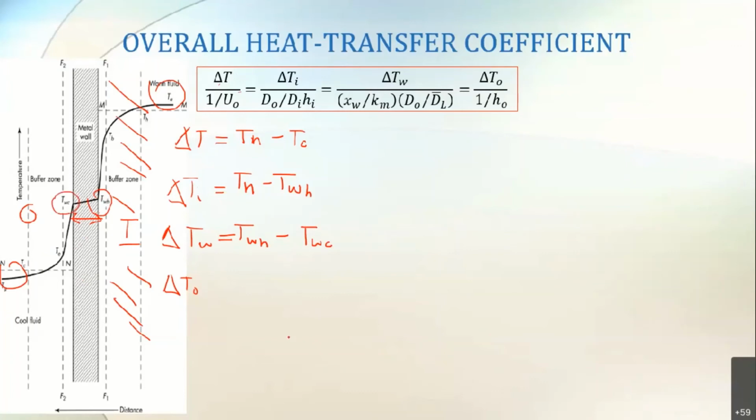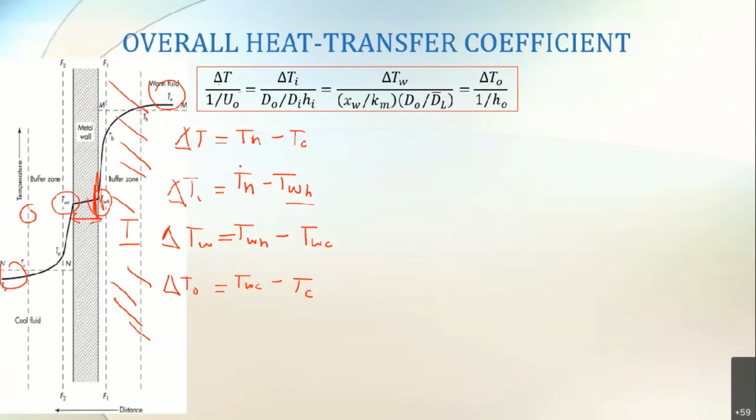And then finally we have our delta To. Delta To is equal to T wall cold minus T cold. You must be able to identify which temperature refers to which part of this equation, because sometimes the question might ask you to find the temperature of the hot surface. If I say temperature of the hot surface, I'm referring to the temperature over here, which is your T wall hot.